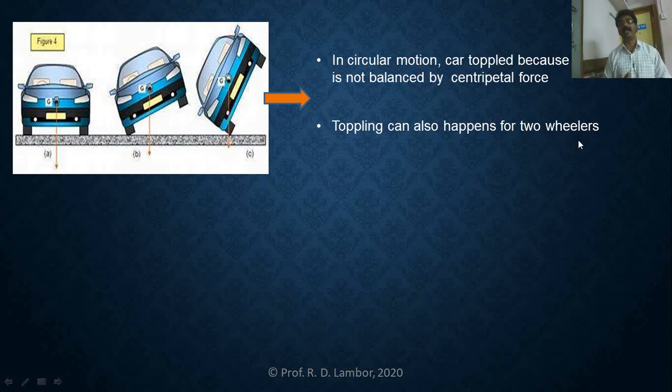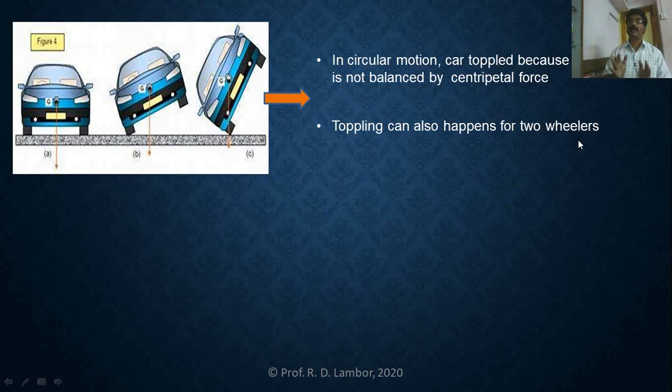And while taking those sharp turns, the bike rider tilts himself so that he can make a suitable angle with the vertical or with the horizontal road surface. Why is that two-wheeler rider doing this?